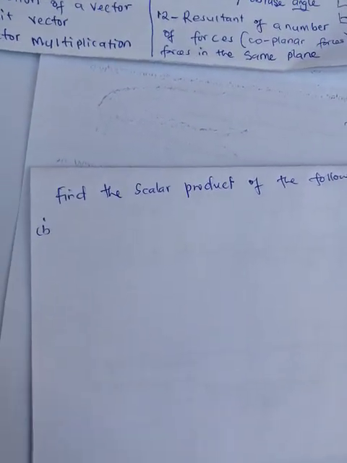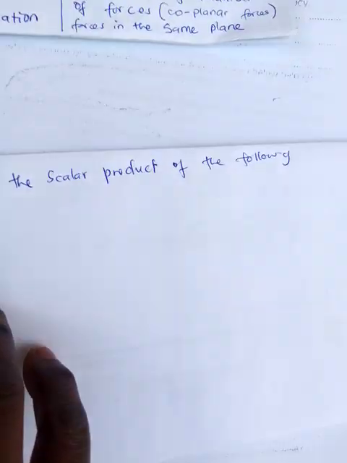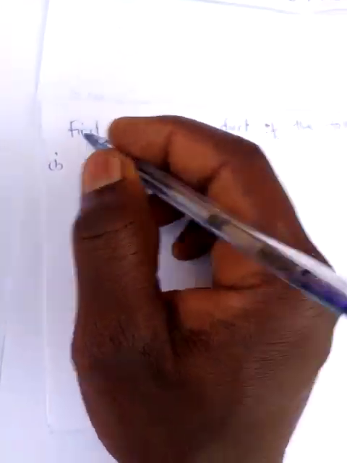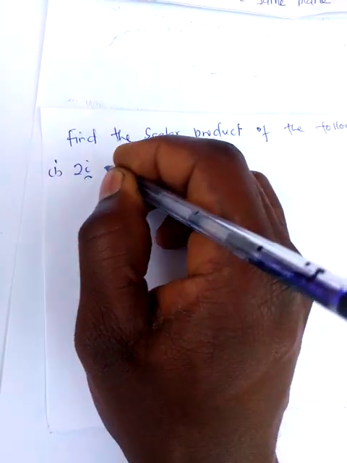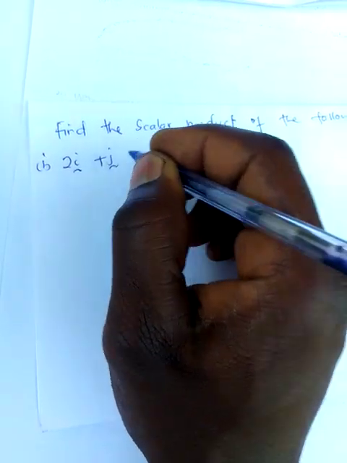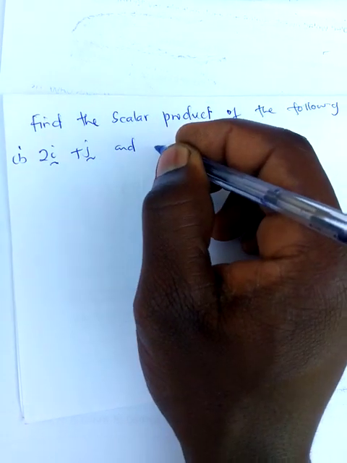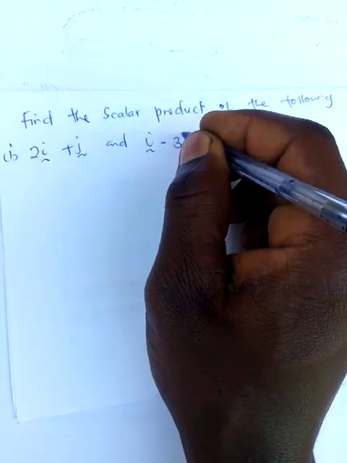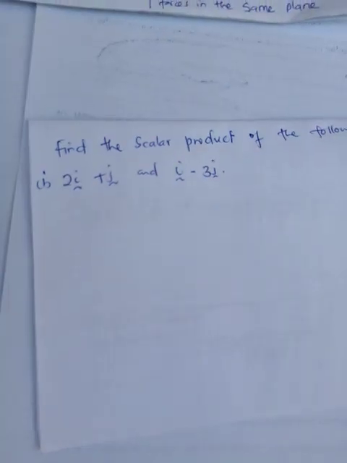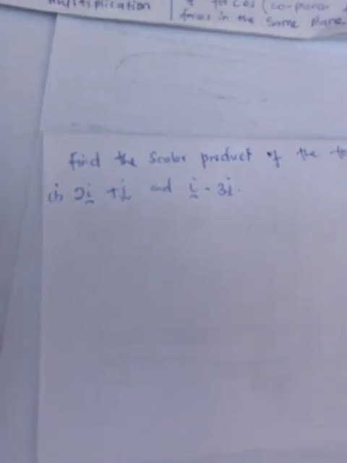I want us to move slowly such that everybody will understand. It's 2i plus j and i minus 3j. Find the scalar product of this.